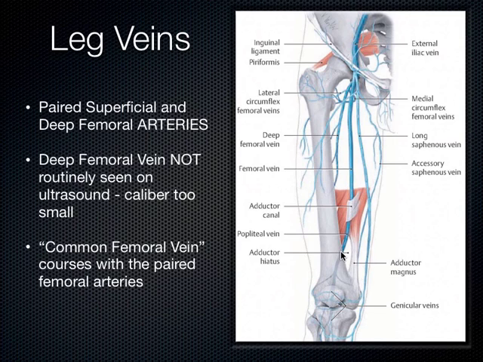And then it pops out of that canal and goes behind the knee and turns into the popliteal vein. So it courses down here, starts off as the common femoral vein, and then there's a little deep branch, the profunda, the deep femoral vein, that goes down. It's a very small caliber vein, not of that much clinical significance usually.